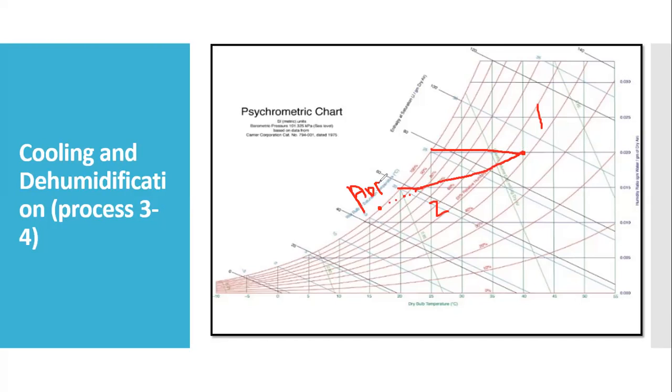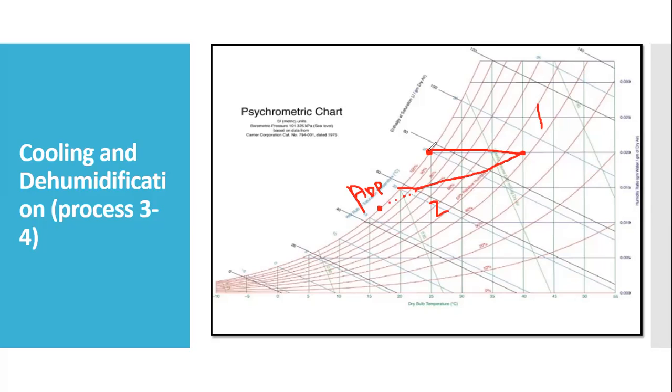Now let me explain when the AC starts. Whenever your ADP is lesser than the dew point temperature of the inlet air, at that time your AC is working, otherwise the AC will not start.